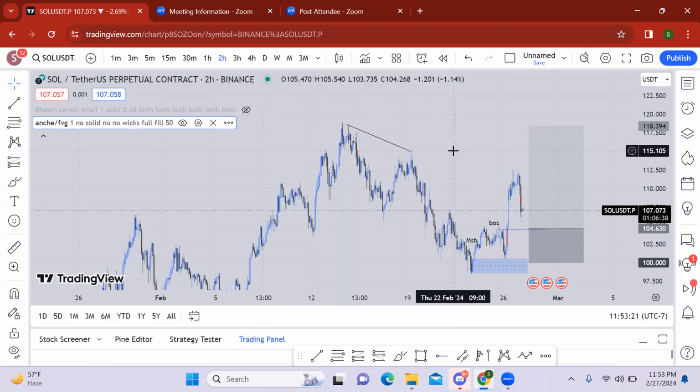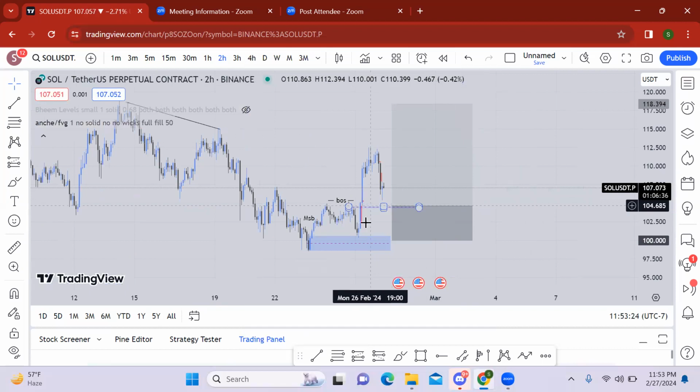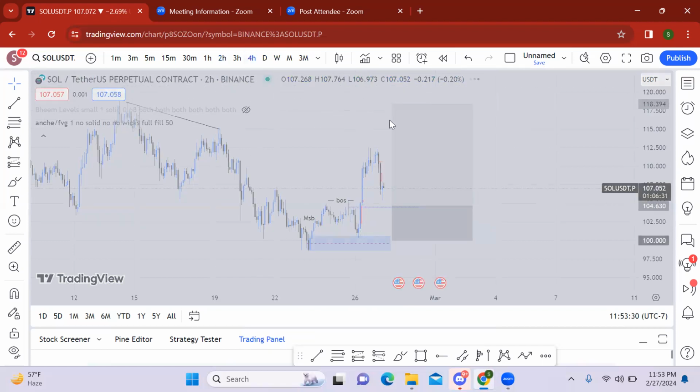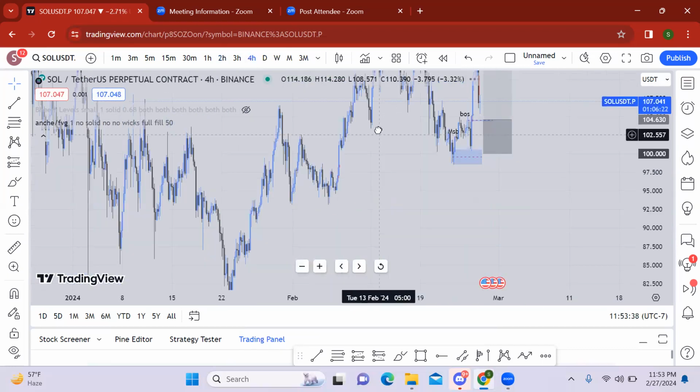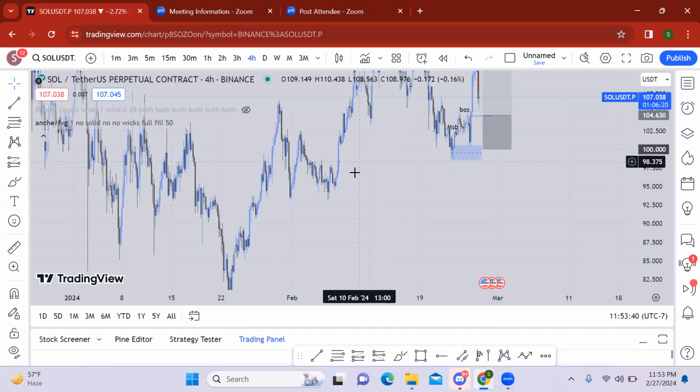Like I set red, it shows me that these, look at this small one, this was a huge fair value gap, now it is, let me show you on H4. Look at H4, there are small fair value gaps, so it will give me a quick overview and this color will easily show on the chart.